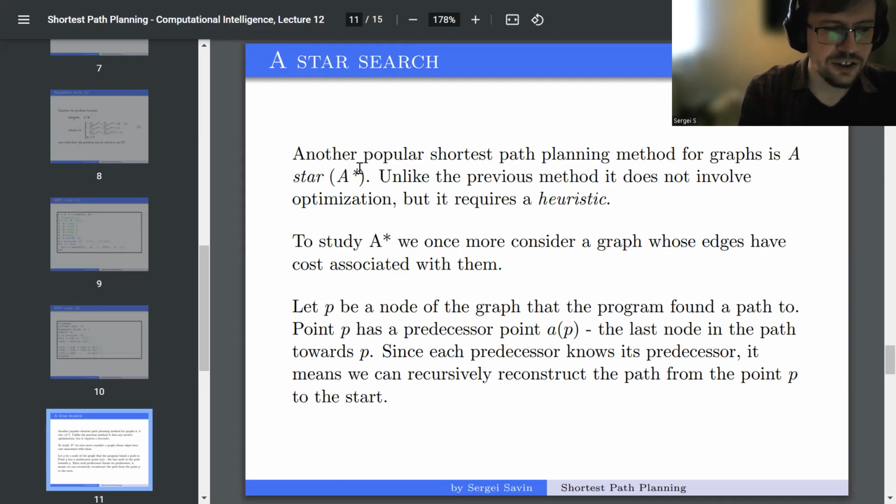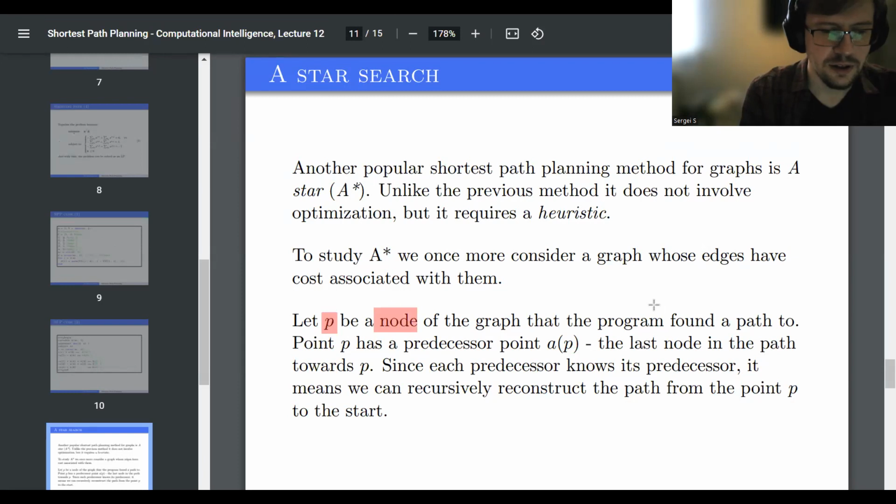Now, here we'll start slowly understanding this terminology. So let P be a node on the graph that the program found a path to. So we know the path to P. That means that we have a predecessor point A of P. You can say A stands for ancestor.